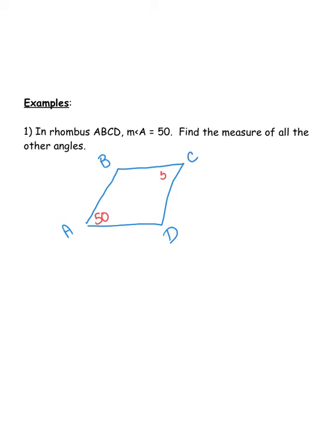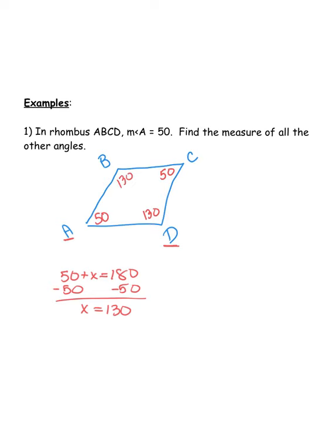Since A is 50, that means C has to be 50 because they're opposite. Angle A and angle D are next to each other. They have to be supplementary, so 50 plus X equals 180. If I subtract 50 from each side, I get that X equals 130. So this is 130, and then since B is opposite D, B is also 130.